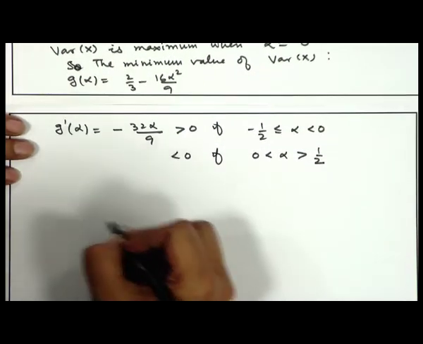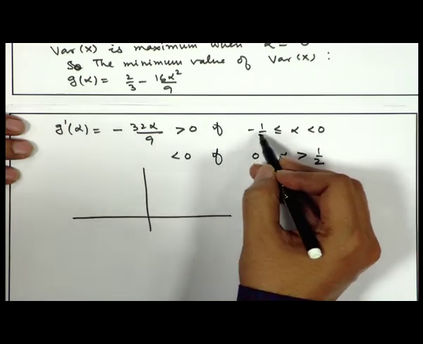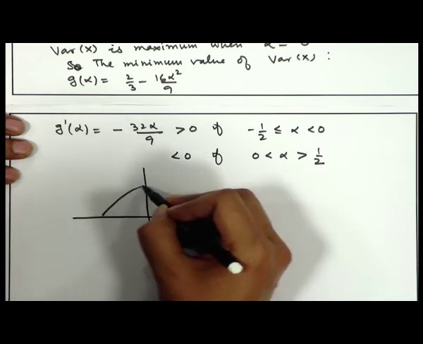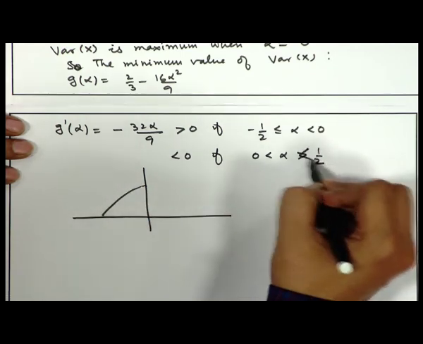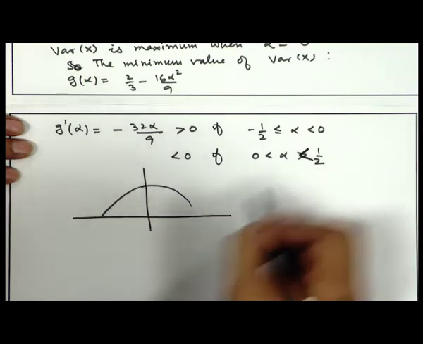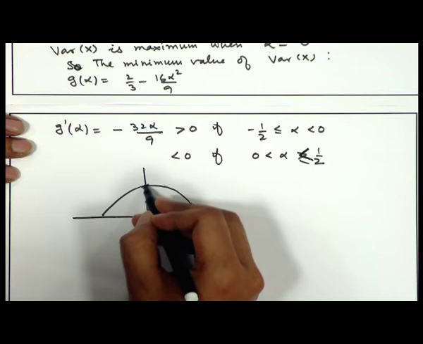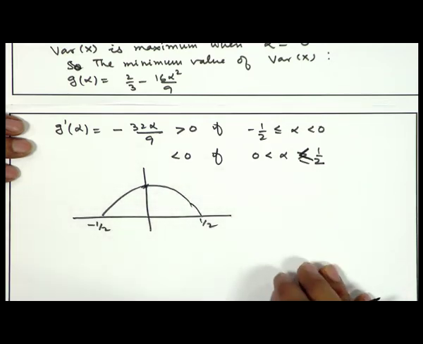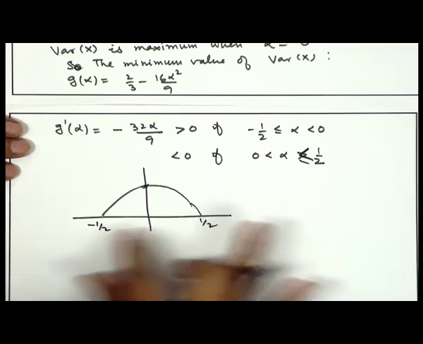So, the shape of this function g alpha, if we plot from minus half to 0, it is positive, that means it is increasing, and then from 0 to half, sorry, I wrote this as 0 to half, it is decreasing because it is negative. So, the maximum value is here and we are looking at the range from minus half to plus half. So, the minimum value that is obtained is at minus half and plus half.